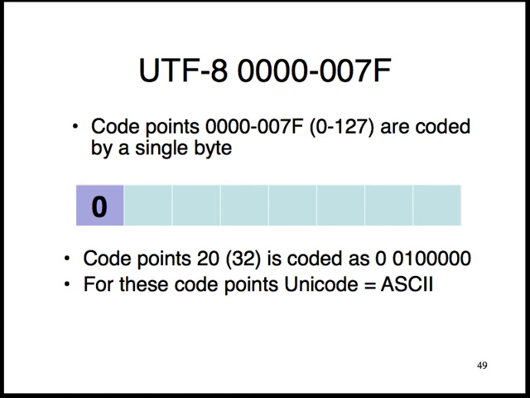So if an English language document is coded in UTF-8 and someone opens it up expecting plain vanilla bog standard ASCII, they won't get any surprises. And that's the key feature of it. Have to keep the English speakers happy. Easier to update legacy systems. Well, yes, in the English-speaking world.